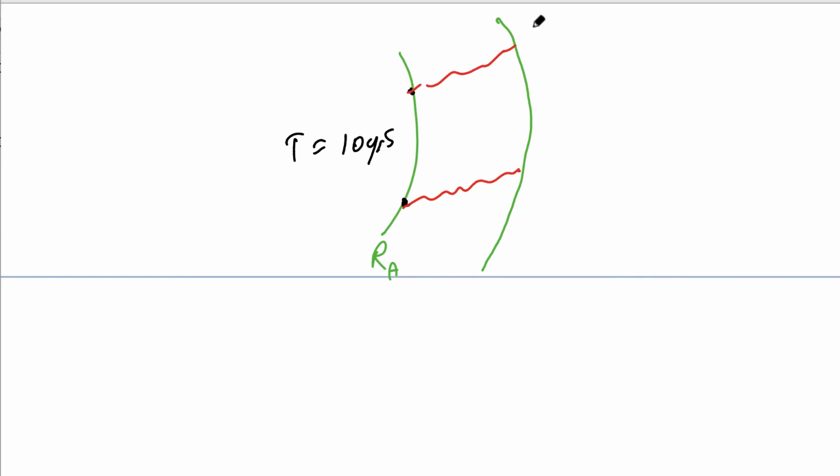Now let's scale this picture up even further. Let's say for observer A, let's look at the two events where the elapsed time is, say, 10 years. For observer B, the corresponding events would have a time elapsed of 20 years.